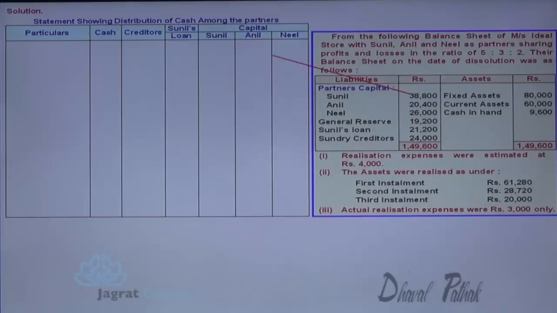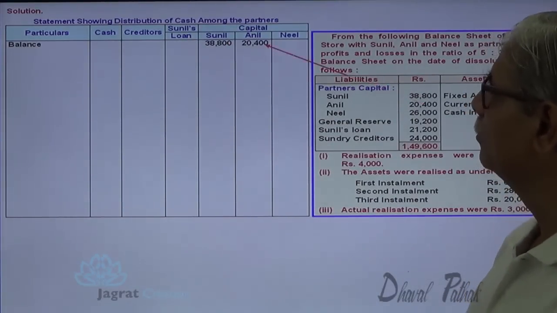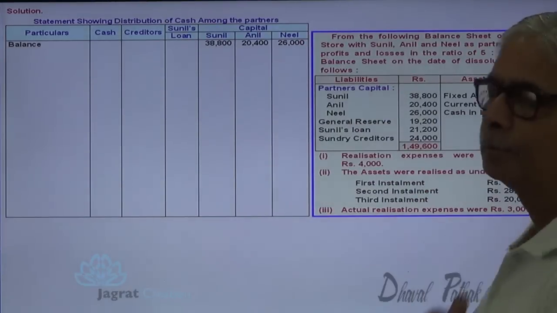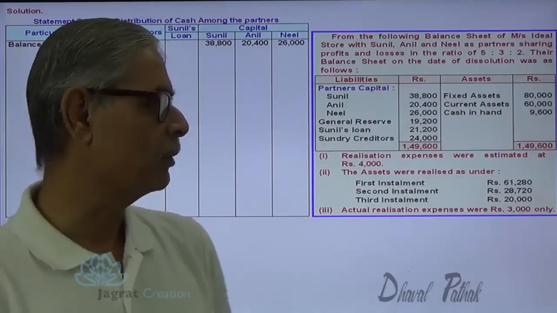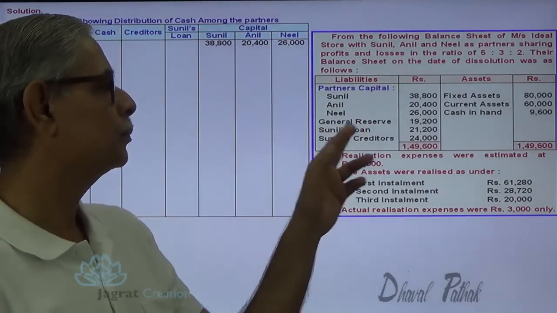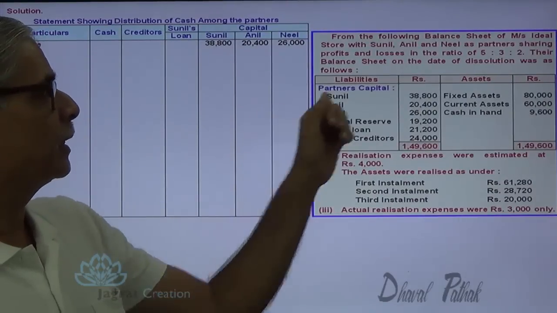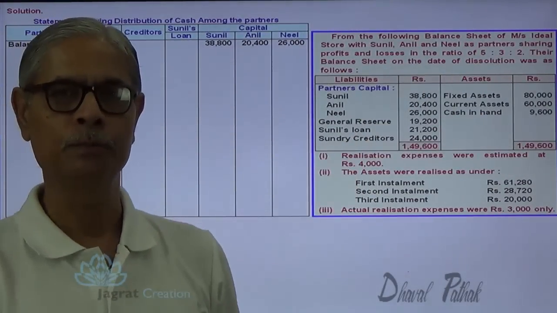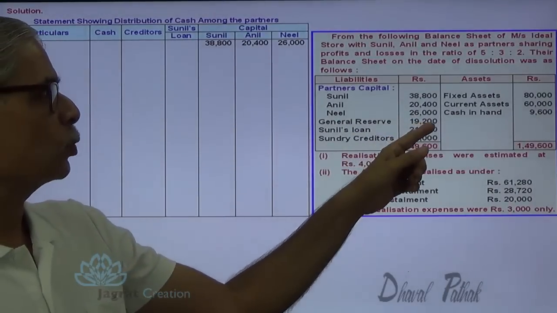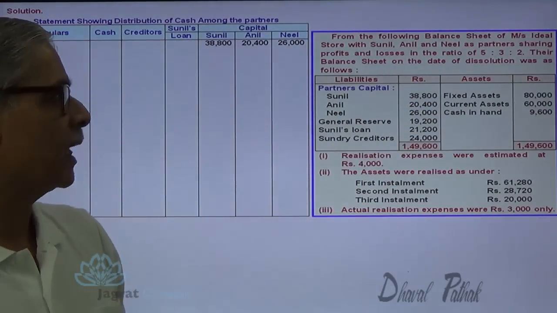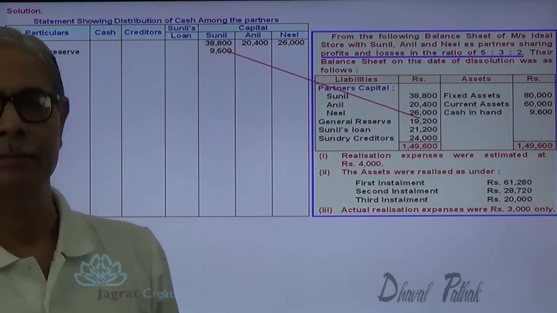Now, capital of Sunil, then Anil, then Neil. This is the capital. Now, general reserve given to you in the sum is 19,200. That is to be distributed in the ratio of 5:3:2. So if you distribute 19,200 into 5/10, that means 1/2, that works out to be 9,600.